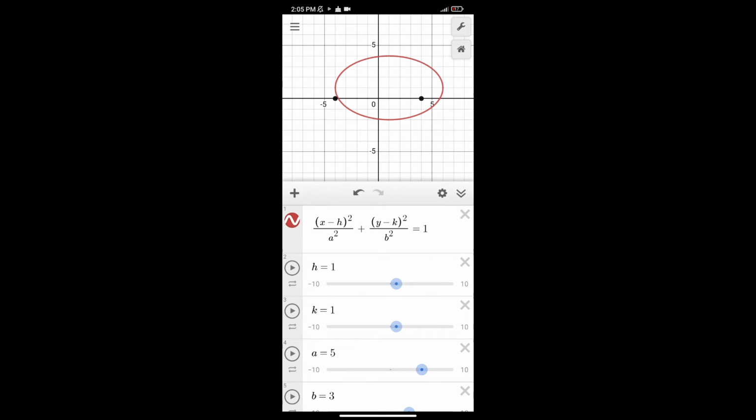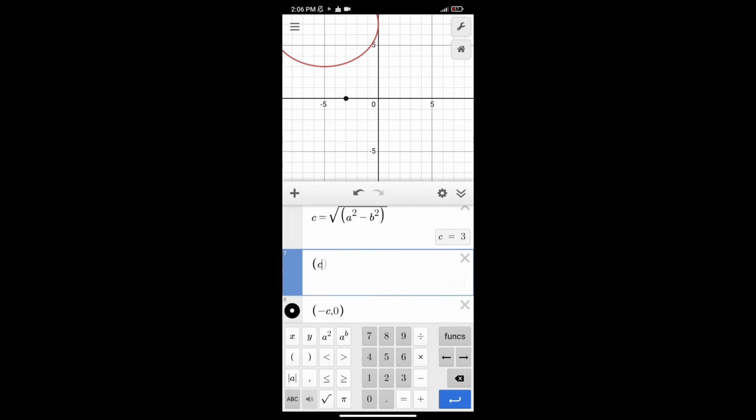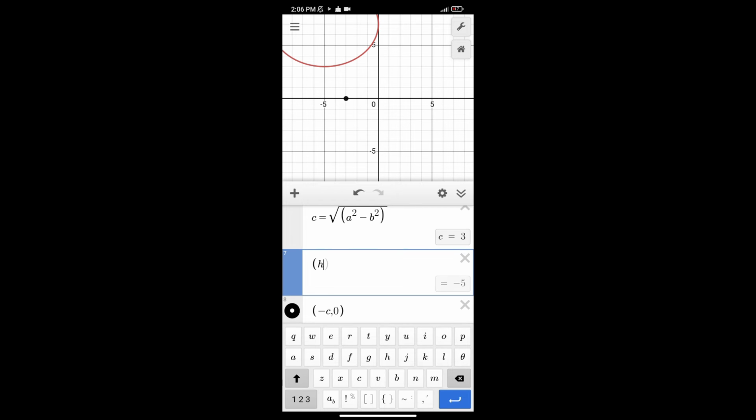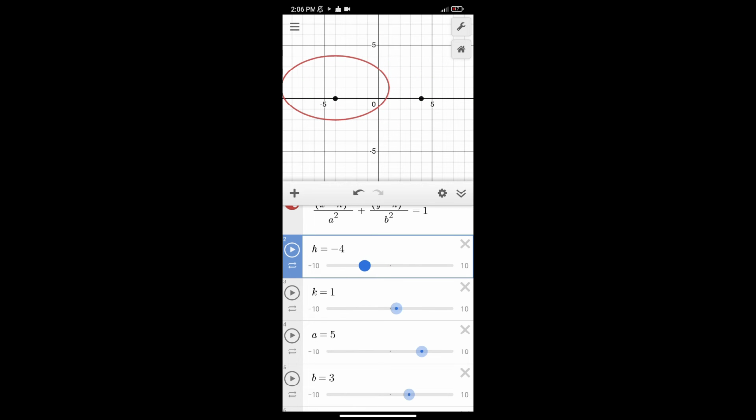Before putting the values of h, k, a, b, and c, first put our vertex, which is (-5, 7). Next, we have to put the values of h, k, a, b, and c.